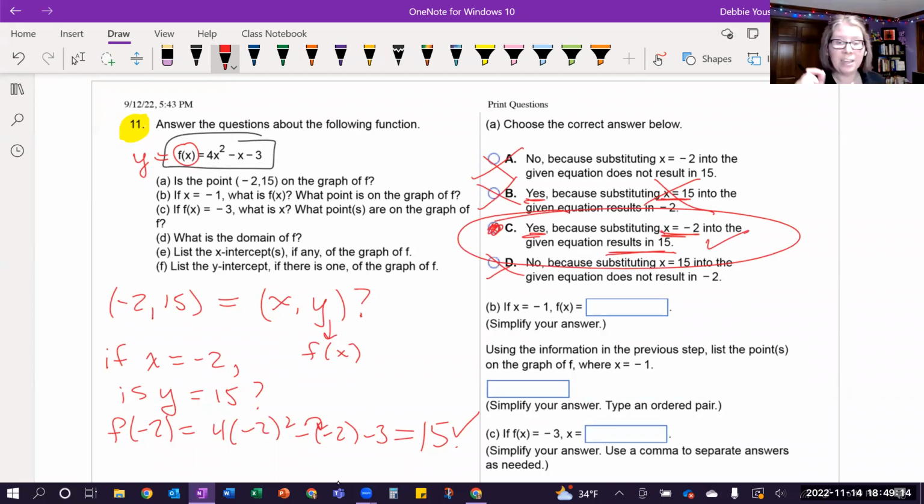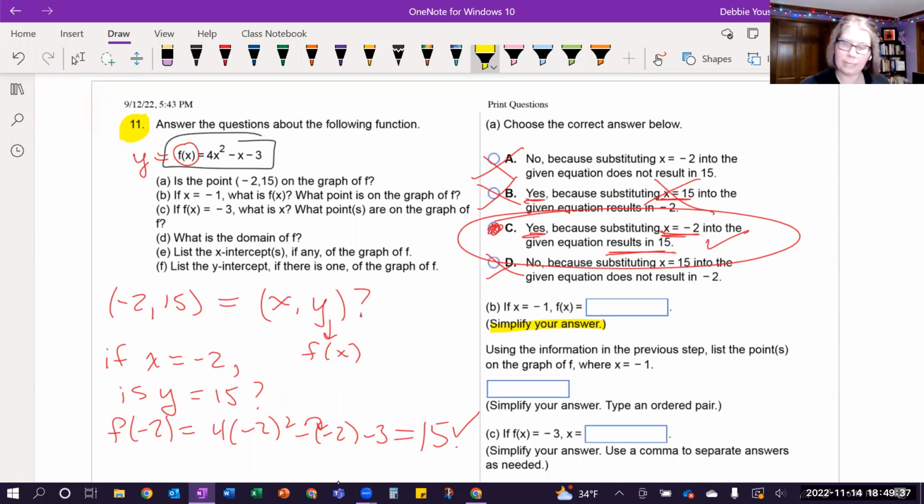So that's where, again, I'll see students look too quickly and they'll say, oh, yes, and they'll check B, but they don't read the rest of it to realize that the rest of it doesn't actually work with what it says. So then part B says, if x equals -1, f of x equals blank. Simplify your answer. Well, this is just like what I just did.